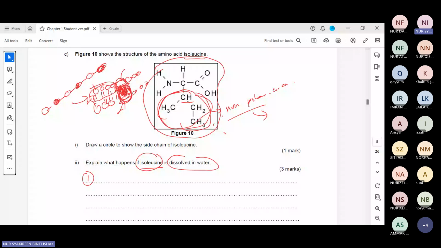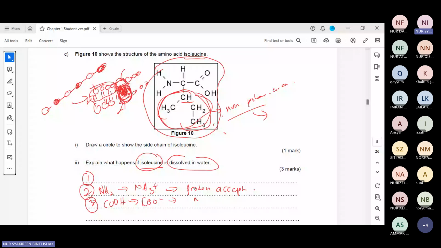So the amino group, or NH2, will be ionized to form NH3+. So the amino group is ionized to form NH3+, or it becomes a proton acceptor. For the third point, the carboxyl group COOH will be ionized to form COO negative. So this becomes a proton donor.